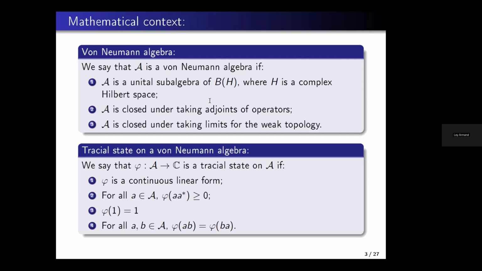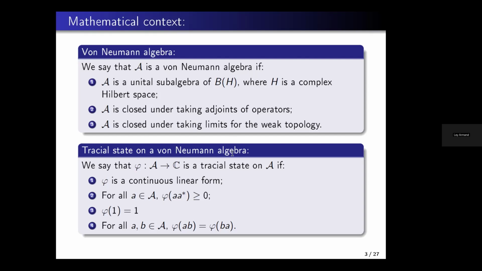You need a von Neumann algebra, and you need another object, which is a tracial state on a von Neumann algebra. A tracial state is an application phi, which is defined on your von Neumann algebra A, and which is valued in complex numbers. You ask for phi to be a continuous linear form, continuous for, let's say, the weak topology.